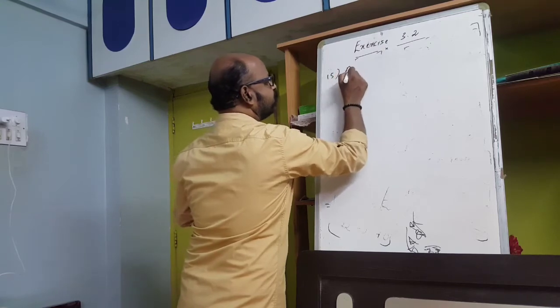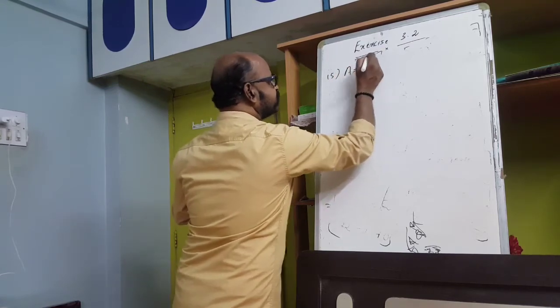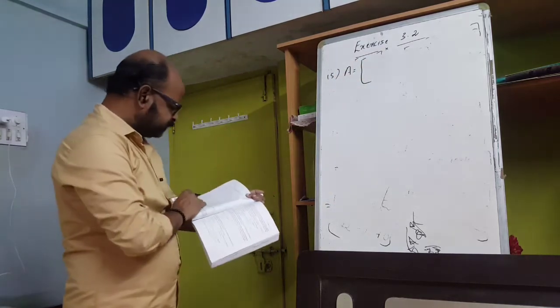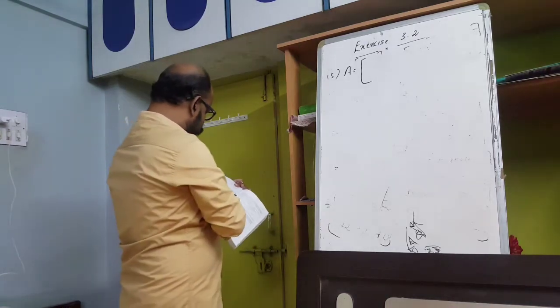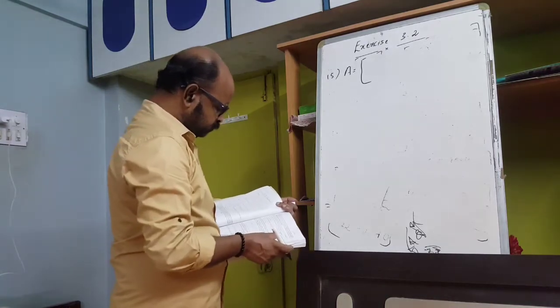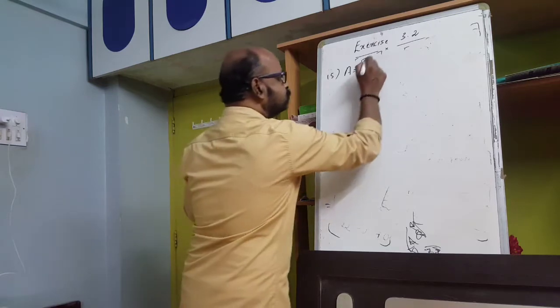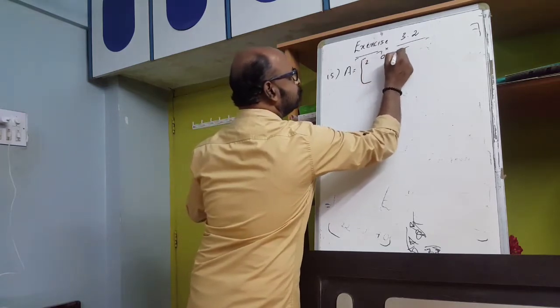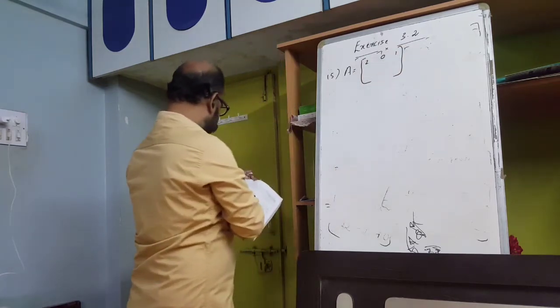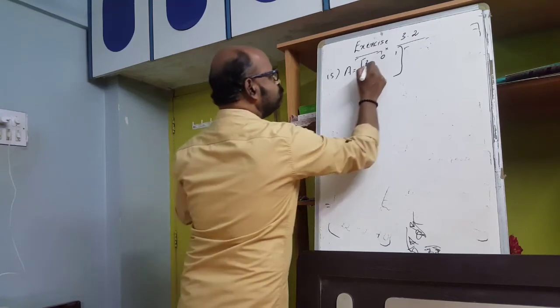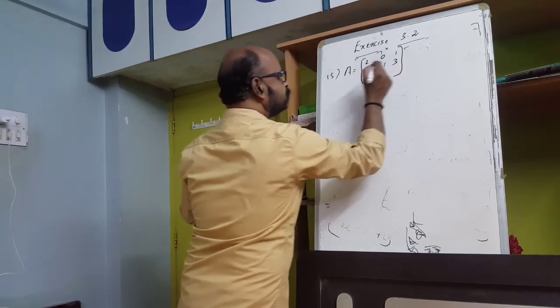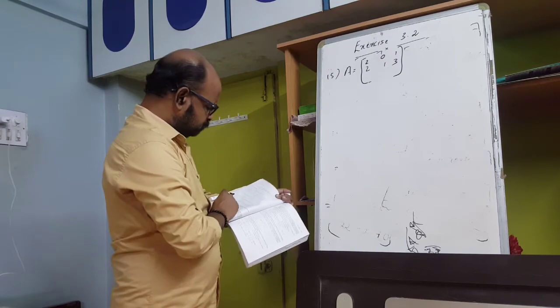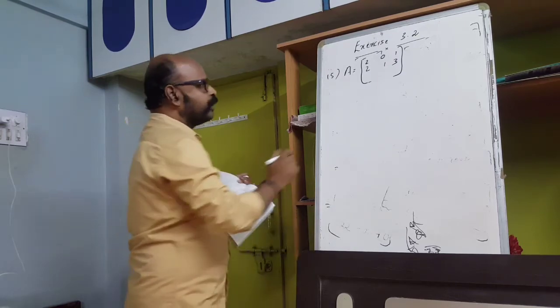Okay, in question number 15, matrix A is given. Matrix A, that is 2 0 1, then 2 1 3, 1 minus 1 0.